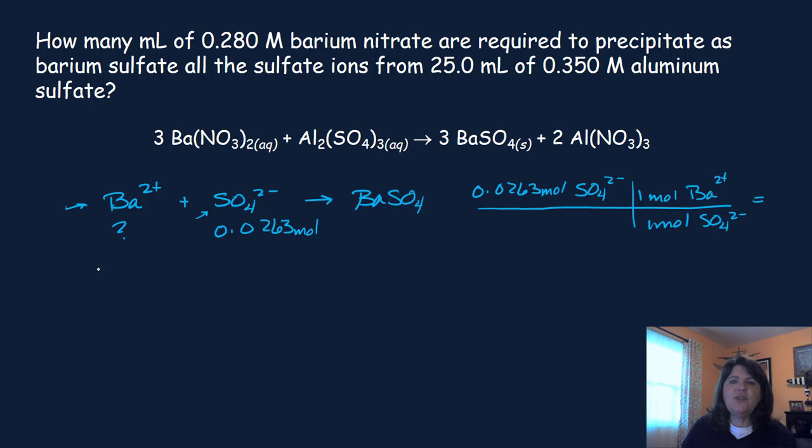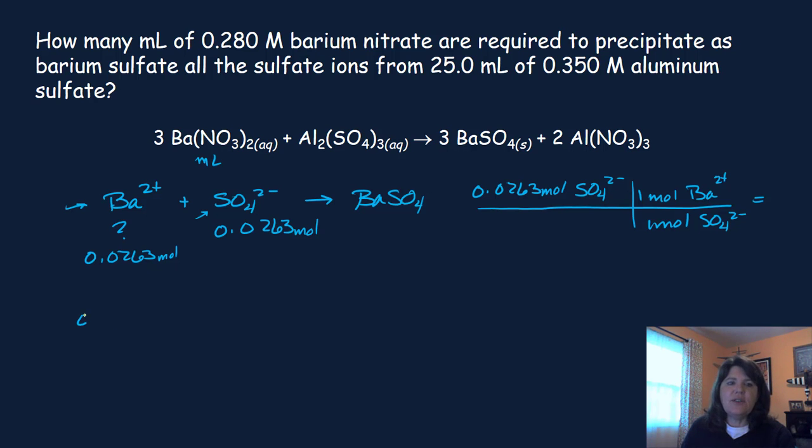Which then, yes, gives you 0.0263 moles of barium ions. Well, that's good, because now if I want all of the sulfate ions used up, I know I'm going to need this many moles of barium to do it. The question wants me to know how many milliliters should I add to make that happen.